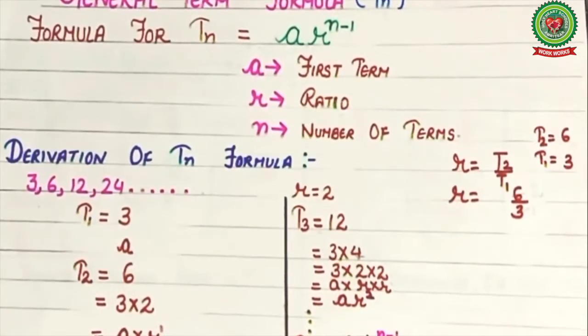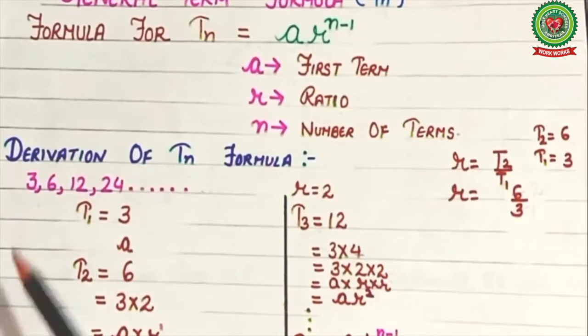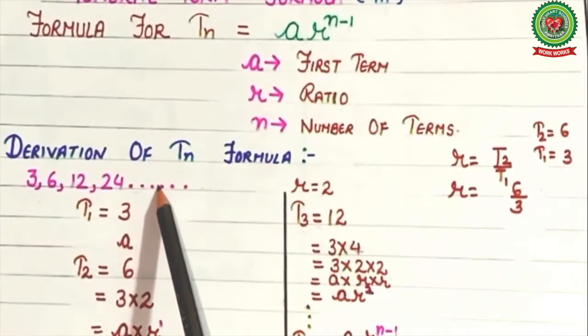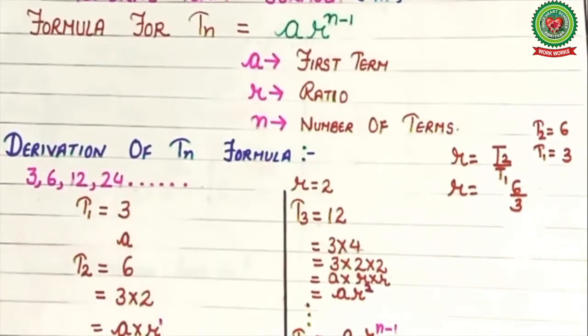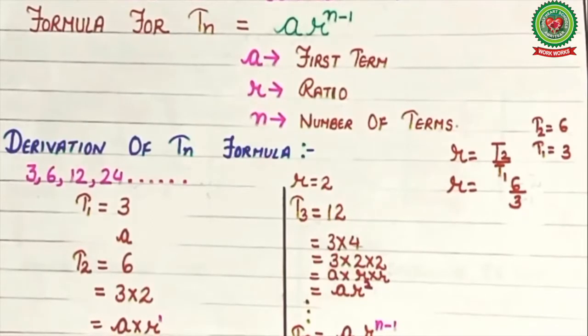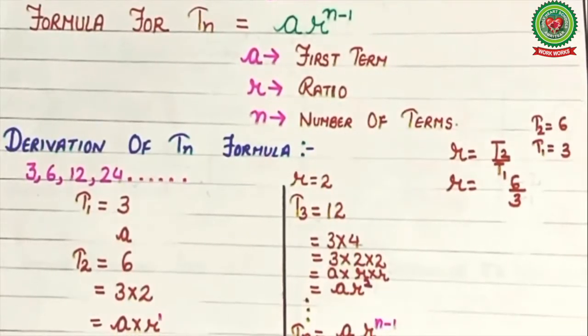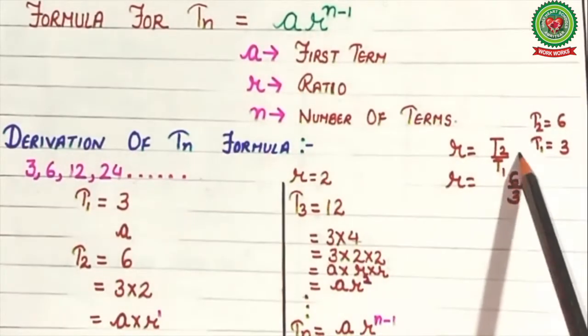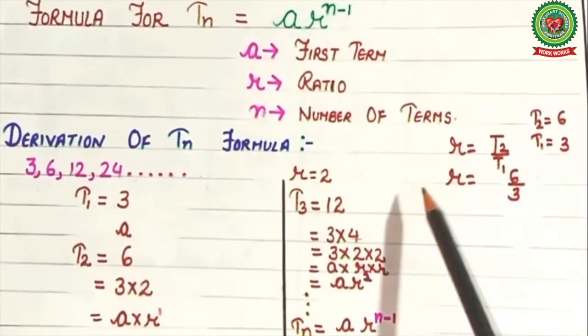So let's take one example for that, that is 3, 6, 12, 24 and so on. Students, first of all, I am going to find the ratio of the sequence. To find the ratio, there is one formula, that is second term upon first term.